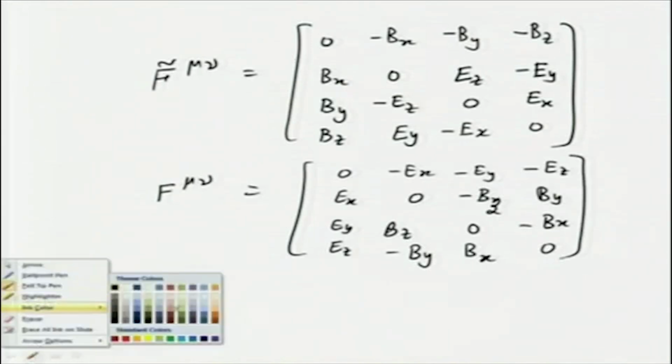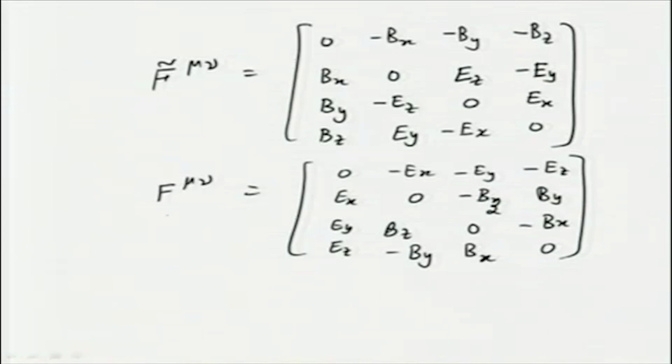So, you can see that we can get one from the other. How do you get one from the other?